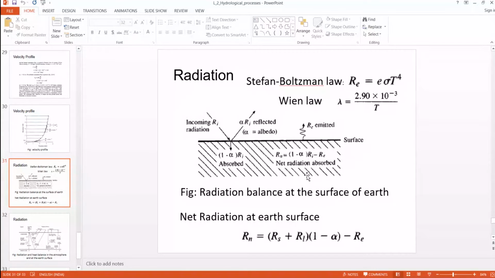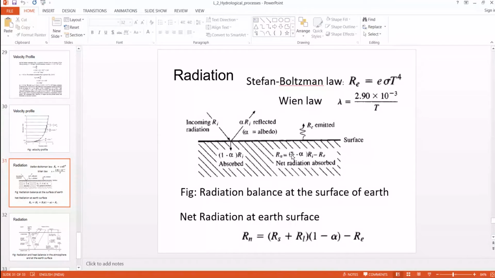So this is the radiation. This is the earth, and this is incoming radiation from the sun. This is also called incident radiation. When the incident radiation hits the earth surface, partly it is reflected and partly it is absorbed.